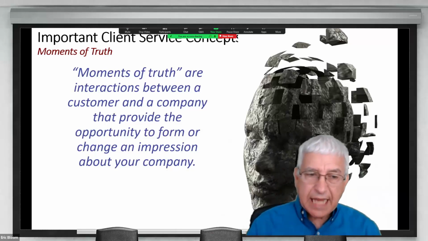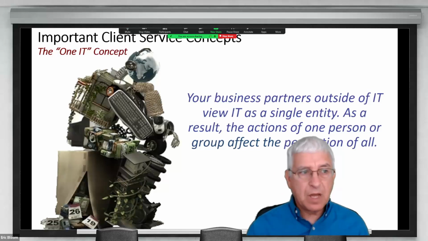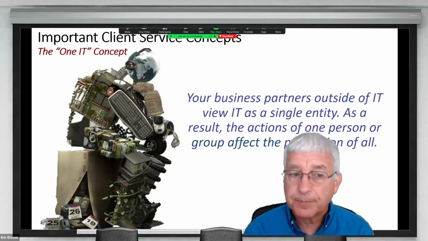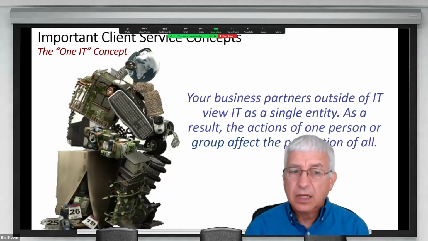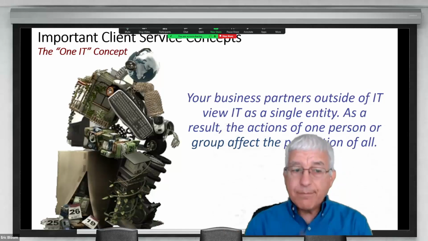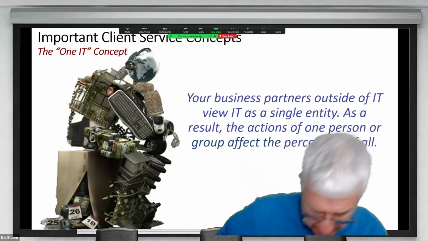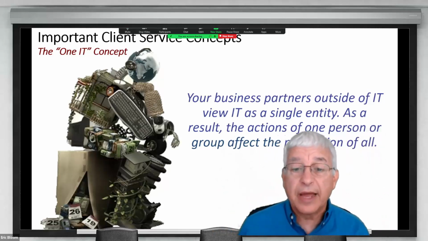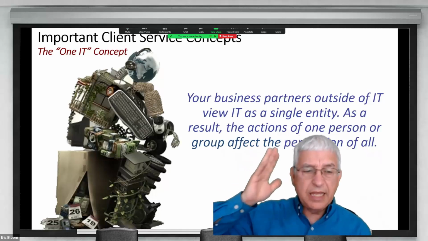The reason is, and everything we've talked about to date, the one IT concept. Your business partners outside of IT view IT as a single entity. Therefore, an action of one person affects the group as a whole. So let's say, for example, that you use Verizon as your cell phone provider. You call up Verizon, and the person you speak to is very helpful.